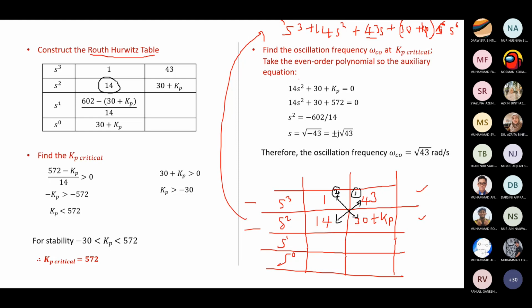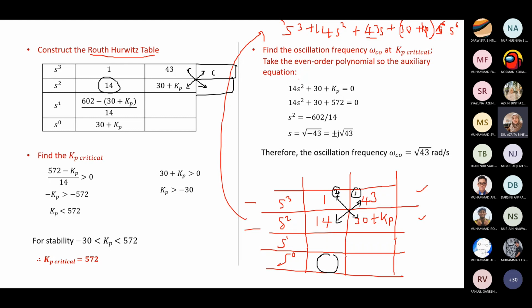Okay? So for the next row here, it is the same. When you want to fill this value, you will multiply with this value.